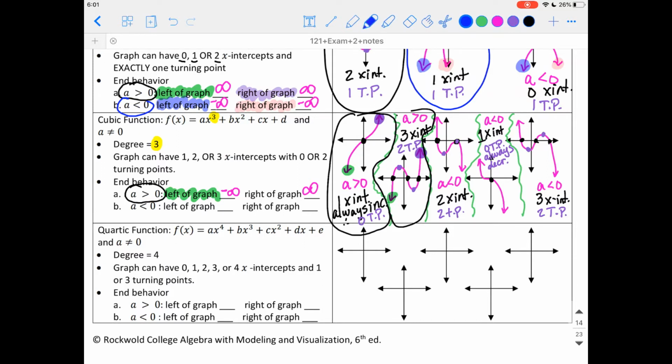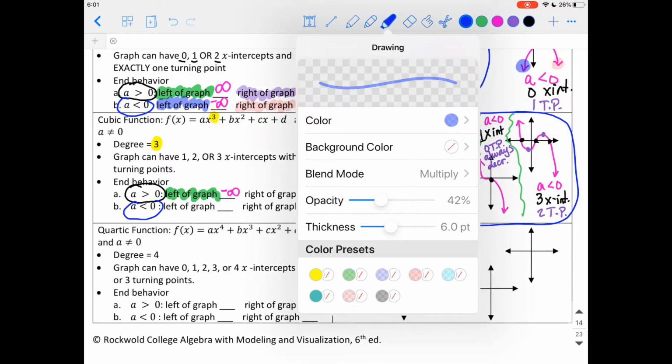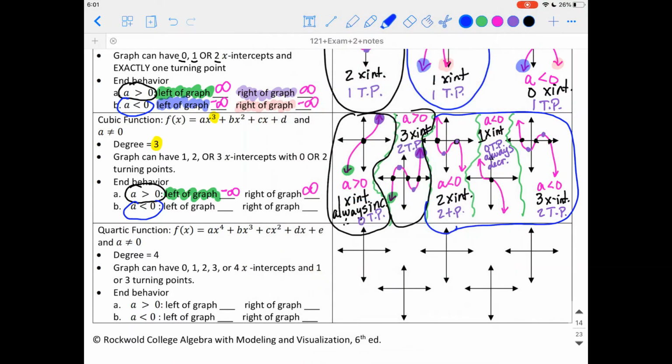For a less than 0, that's going to be the rest of the graphs. So I can just circle them there. And so for the left of the graph, I'm looking at this arrow or this arrow or this arrow. If you notice, they're headed in the same direction.